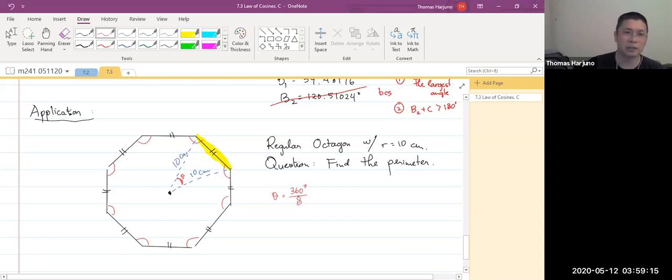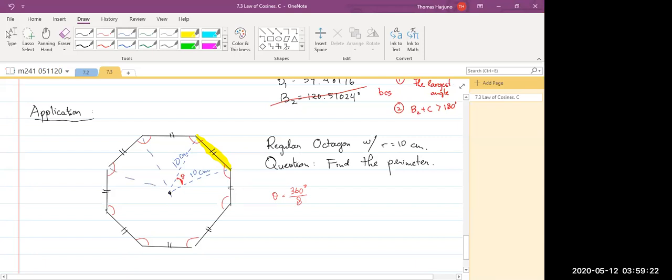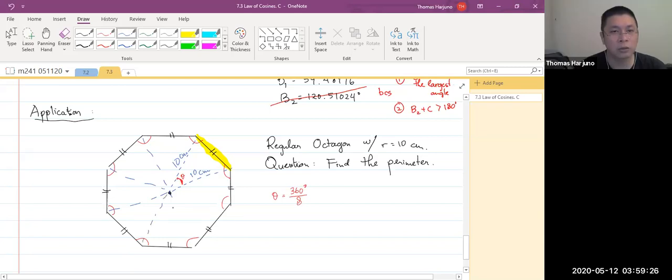It's 8 sides, so there must be 8 triangles. Can you see what I'm doing? Yeah. Okay, in each triangle, 360 divided by 8 is 45 degrees. Now this 45 degrees is the included angle.